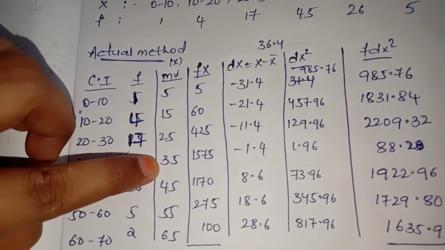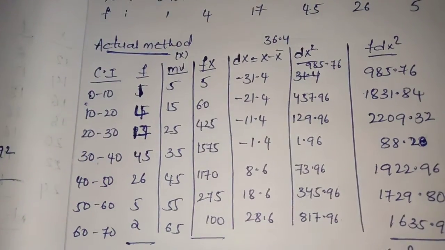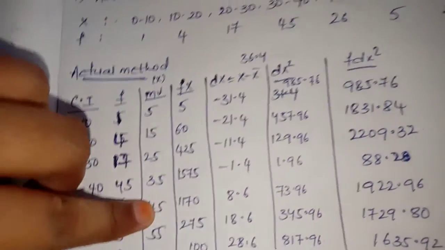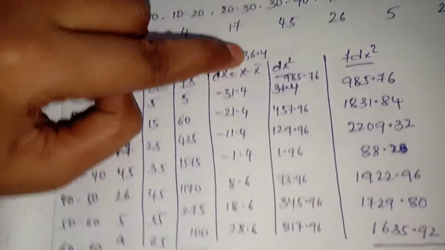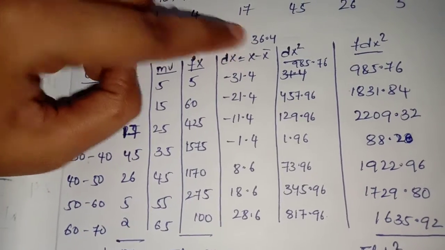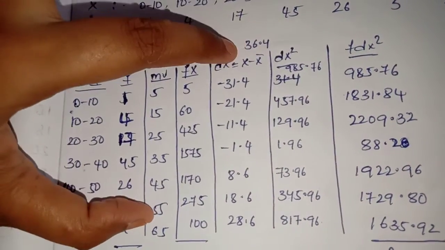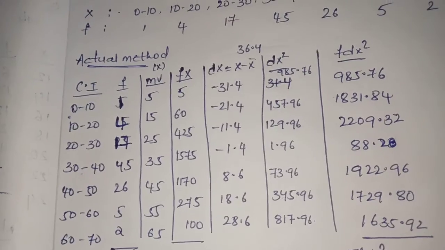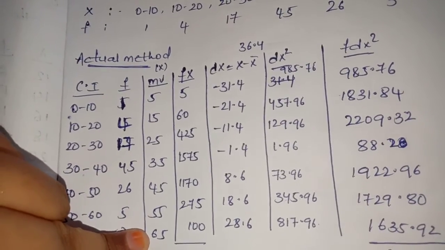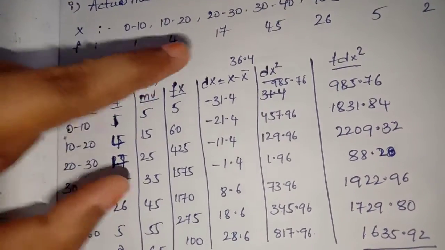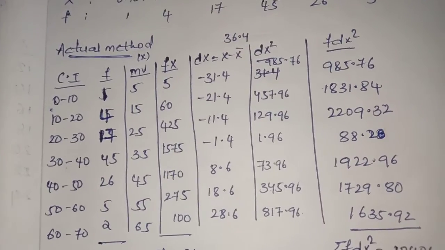Next 35 minus 36.4, you'll get minus 1.4, and 45 minus x bar 36.4, you'll get 8.6. 55 minus 36.4, you'll get 18.6, as well as 65 minus 36.4, you'll get 28.6.